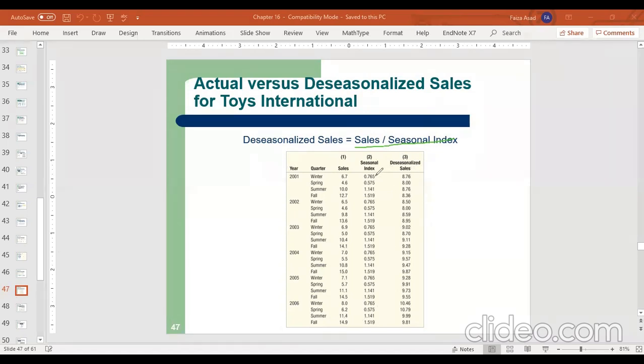You can see we have repeated the quarterly adjusted means for each year. So it is quite simple, but a bit lengthy procedure for calculating the seasonal index. Let's move on to the next slide.